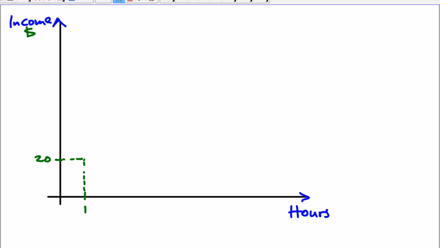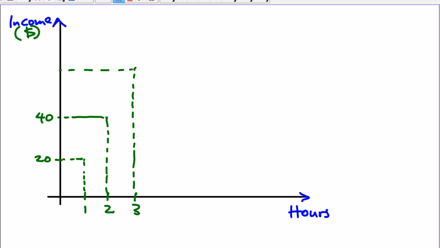So income is in dollars. 2 hours, so in 2 hours she's paid $40. 3 hours, suppose she gets $60. So we can draw a graph to show this relationship.